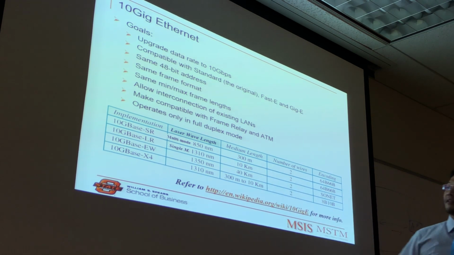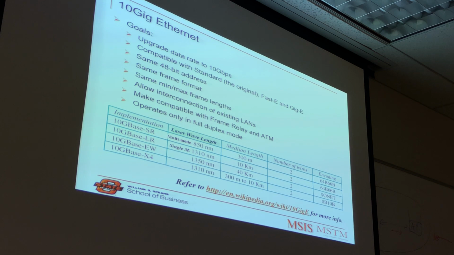But if we are looking at long range connections, like across a big campus, like Stillwater, or between different areas of the city, or across the city, or across states, then you have to use EW, which supports up to 40K. And these are the standard minimums. If you use good quality fiber optic cable and transceivers, that can be even longer than that, but there's no guarantee.